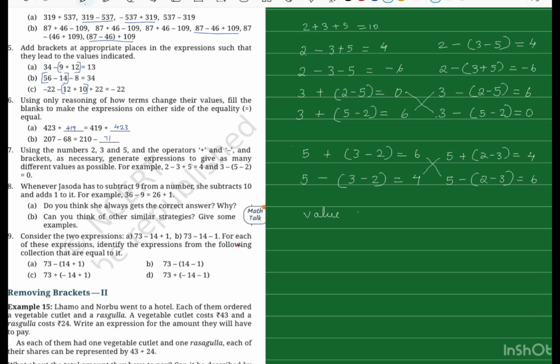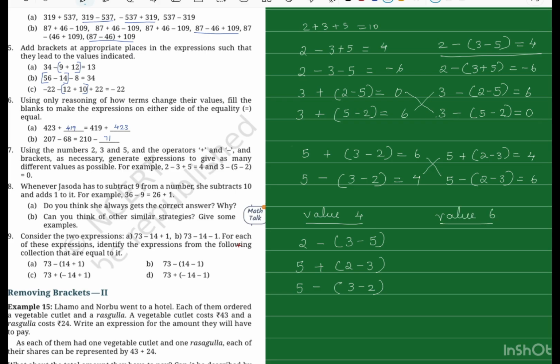So we can write value 4 is got by the expressions 2 minus 3 minus 5 and 5 plus 2 minus 3, 5 minus 3 minus 2.